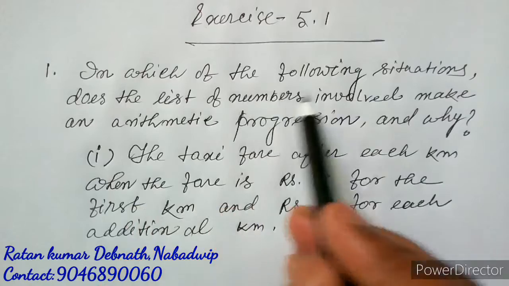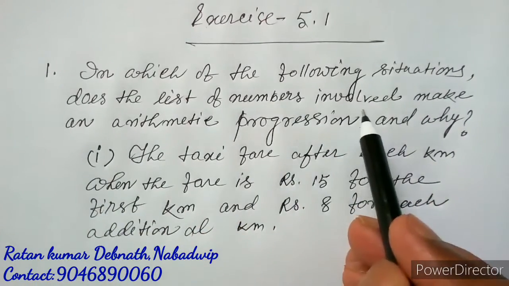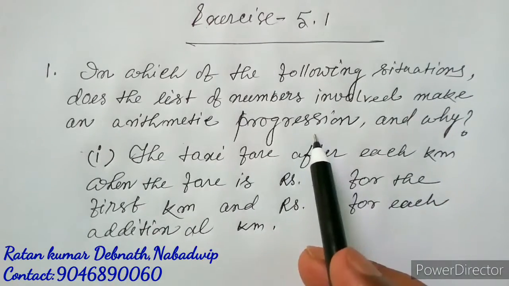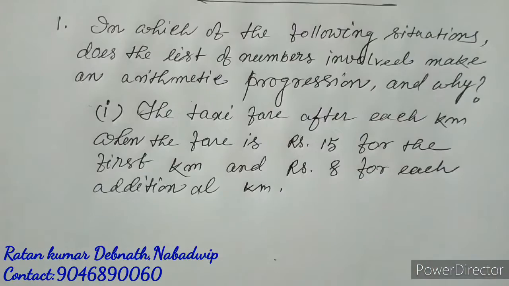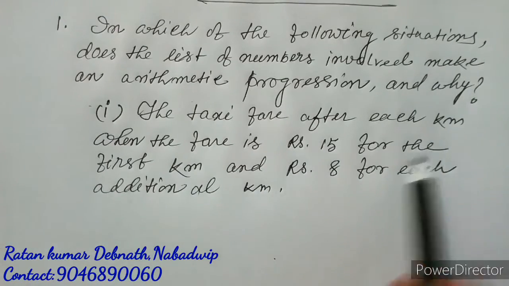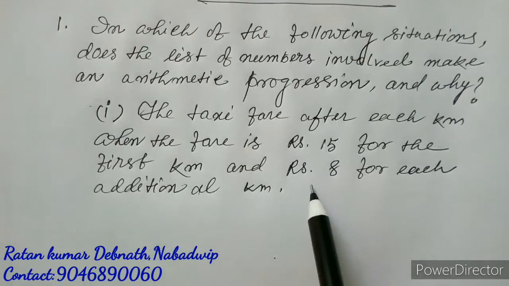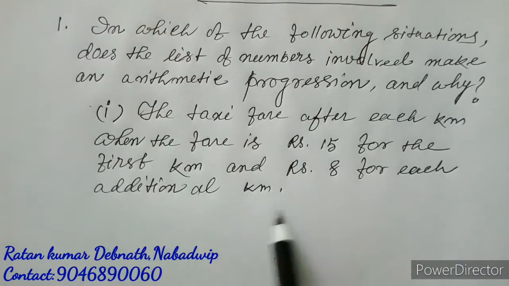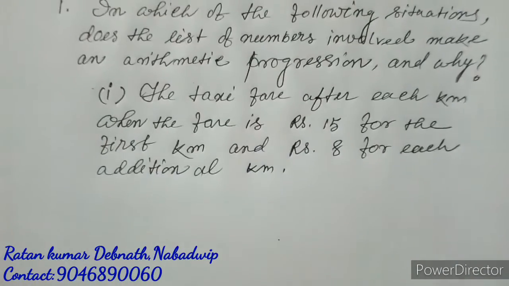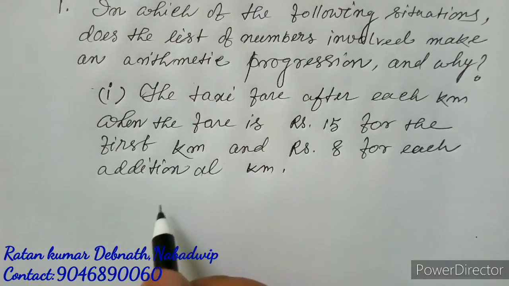In which of the following situations does the list of numbers involved make an arithmetic progression, and why? Question number 1. The first situation is the taxi fare after each kilometer, when the fare is 15 rupees for the first kilometer and 8 rupees for each additional kilometer. Does the situation make an arithmetic progression or not?